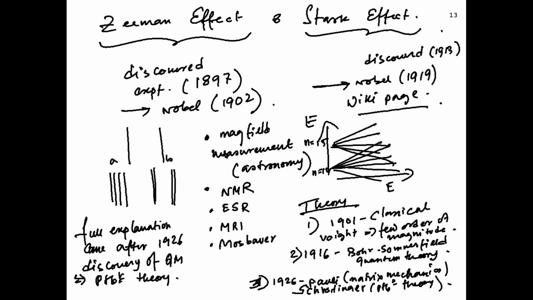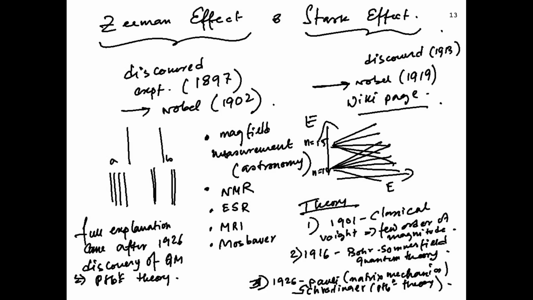So people first tried a harmonic oscillator, but a harmonic oscillator doesn't give you a variety of light, because of course in a harmonic oscillator all the energy levels are equally spaced. So you must at least do an anharmonic oscillator. In 1901 Voigt tried that using an anharmonic oscillator, but he had no idea about the scales of the problem, and he was many orders of magnitude off from the experimental results. So it was clearly not the right thing.